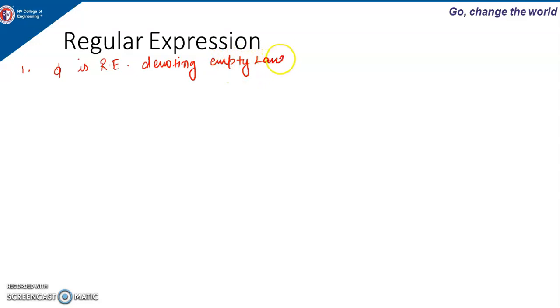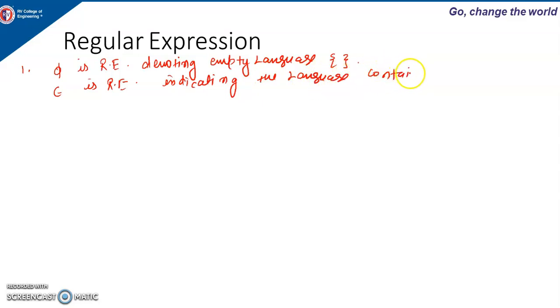And epsilon is a regular expression indicating the language containing an empty string, or string of length 0.